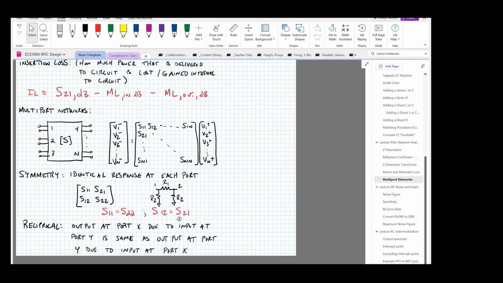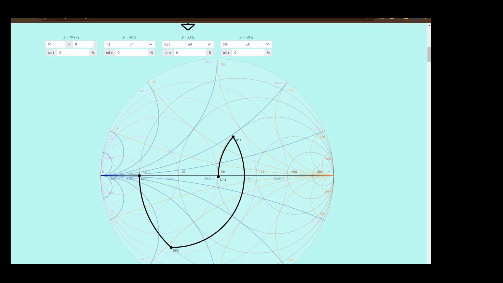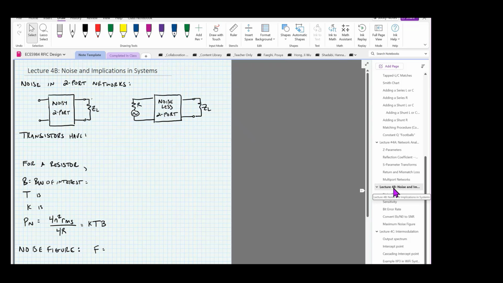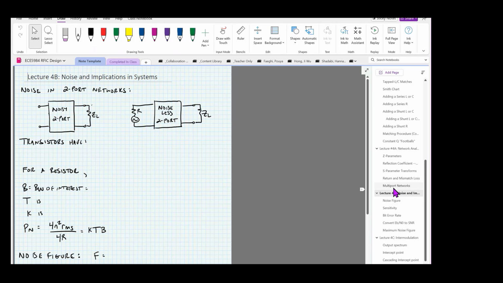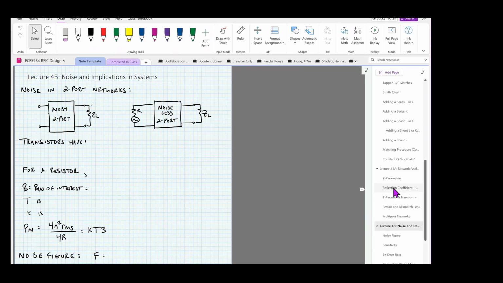All right, so we're going to talk about something a little bit different, but still related to two-port networks: noise.